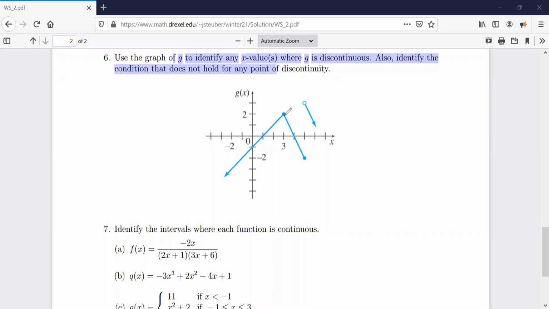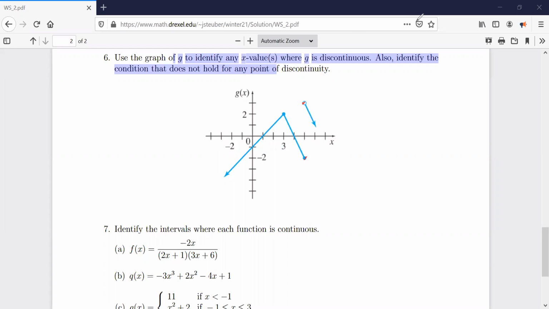Just looking at this, this is the same graph that we had before, right? And we identified a discontinuity on that graph. Do you remember what it was? We have this big jump right here, right?